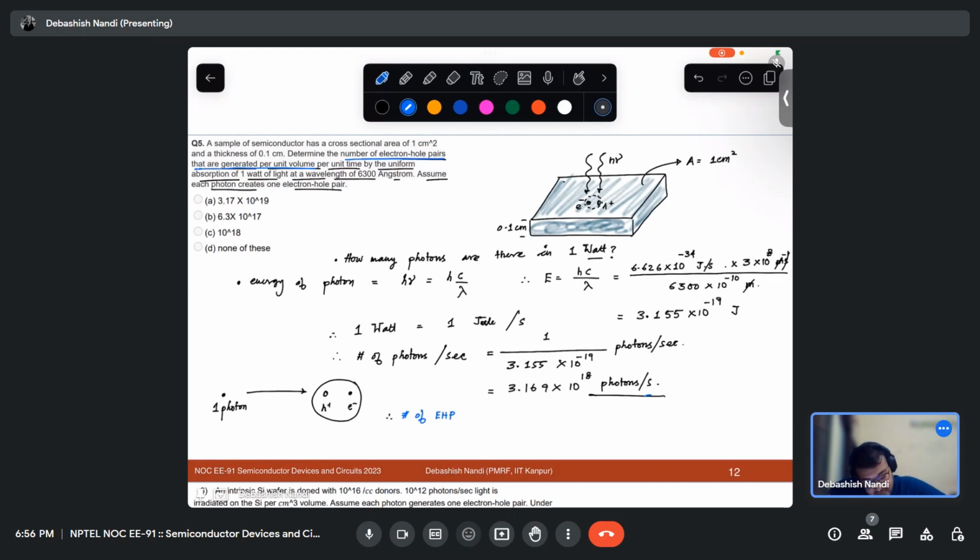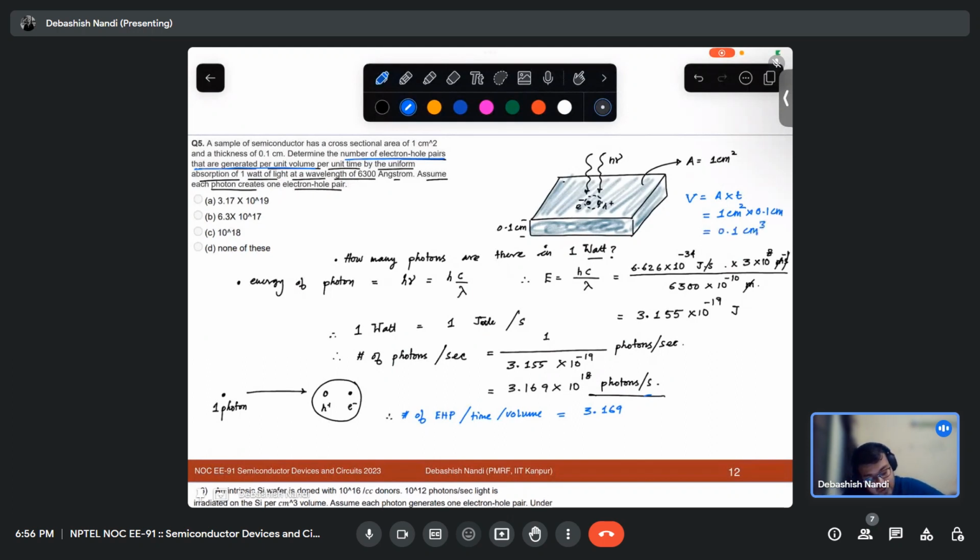Okay, per unit time per unit volume will be nothing but 3.169. What is the volume, by the way? Volume is equal to area into thickness, that is 1 centimeter square into 0.1 centimeter, that is 0.1 centimeter cube.